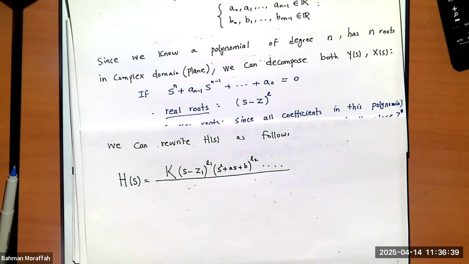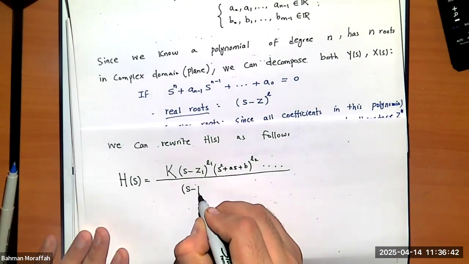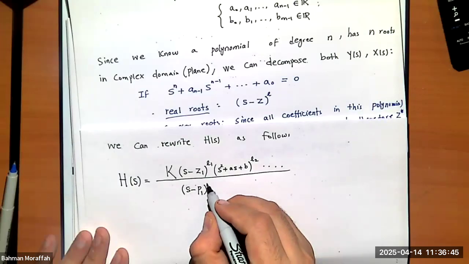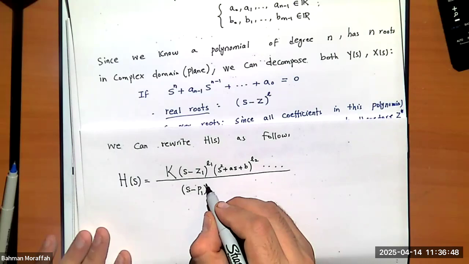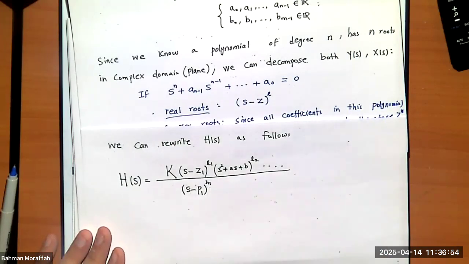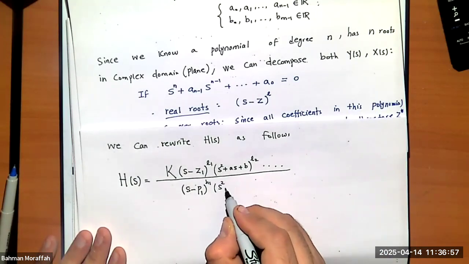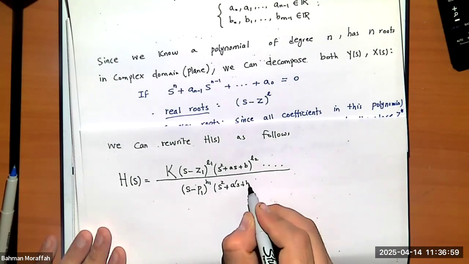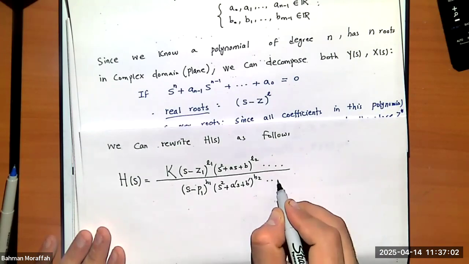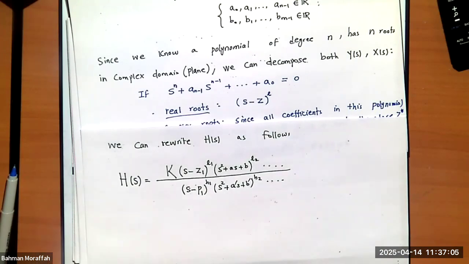I can do the same thing for the denominator. So I can write it as s minus p1 to the power of, let's just say, h1, times s squared plus a prime s plus b prime to the power of h2, and so on. Right? So I can decompose my denominator into simple real roots and complex roots.